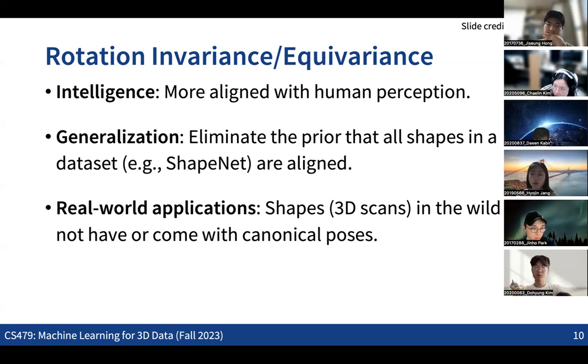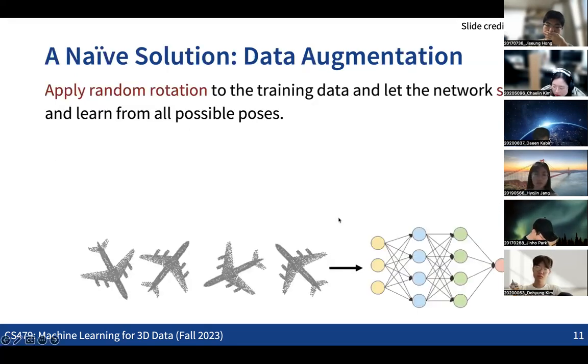Yeah, so one simple idea for this is data augmentation with random rotation. The thing is that we want to teach the neural net by making it see cases where 3D models are rotated, right?